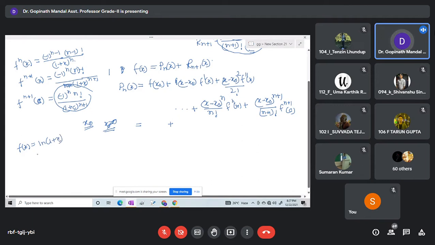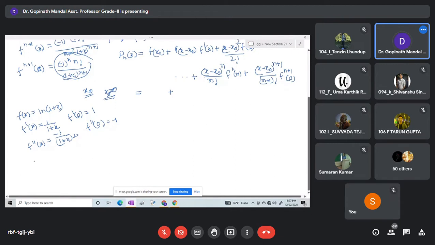So fx equal to ln(1 plus x). So f dash x equal to 1 by 1 plus x, f double dash x equal to minus 1 by 1 plus x square. So f dash 0 equal to 1, f double dash 0 equal to minus 1, f triple dash x, that is minus 1 square factorial 2 by 1 plus x cube. So f triple dash 0, that will be 2.